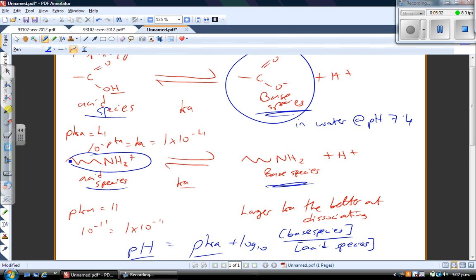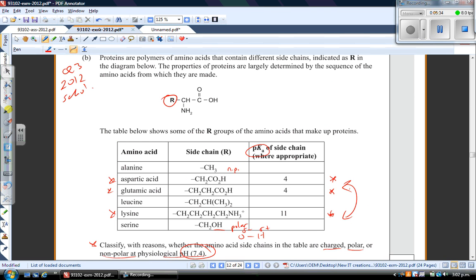Now this is important when we look at the second part of the question. So at physiological pH, this one will be charged. This one will be charged negatively for the base species. This one will also be, glutamic acid will be negative for the base species, and then this one will be positive for the acid species.